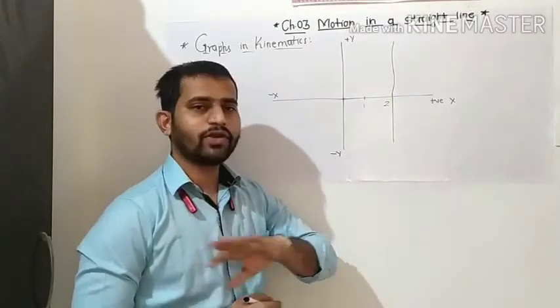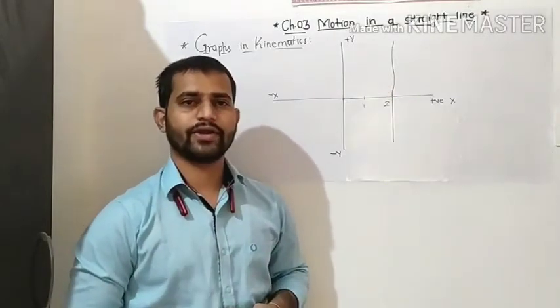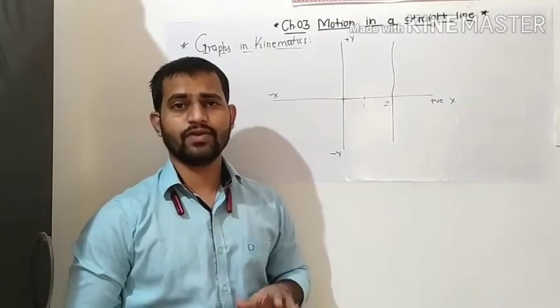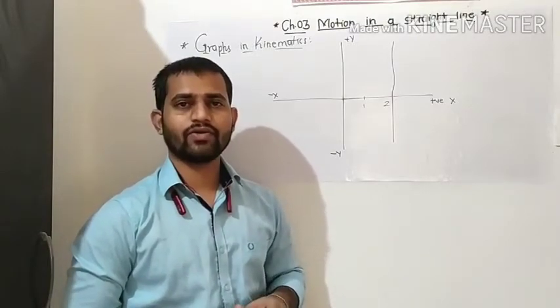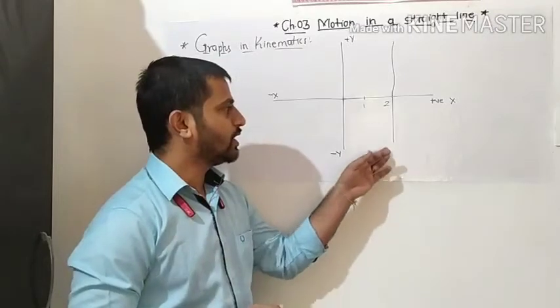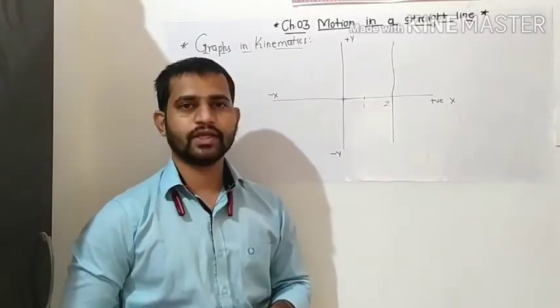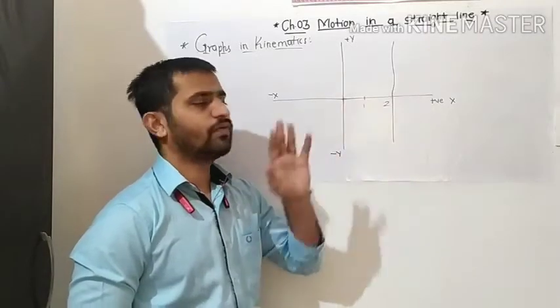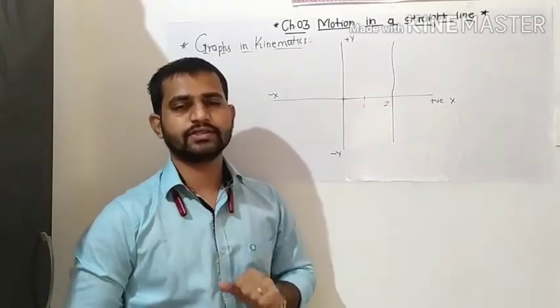Along this line there will not be any value for the y coordinate, because if we take any point along that line, it will show the value of that x-axis coordinate only.